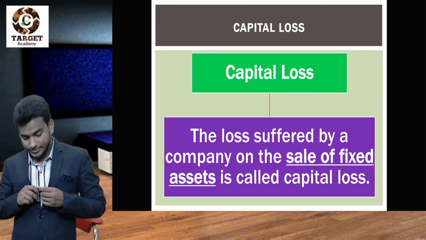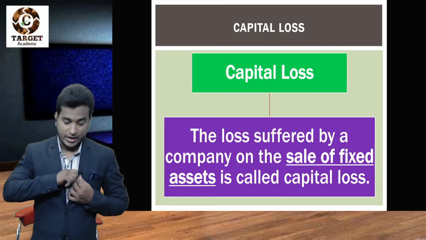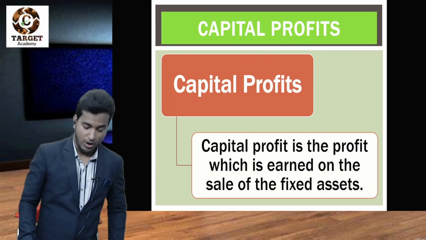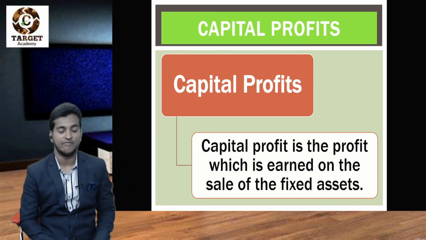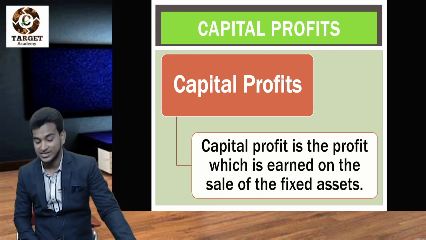I hope you recorded. Capital profit means whatever profit earned on sale of fixed asset is capital profit. If it is a loss, that is capital loss. Simple.